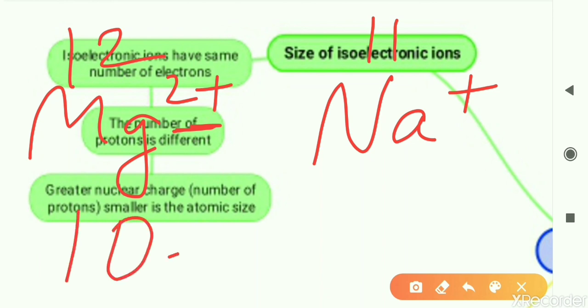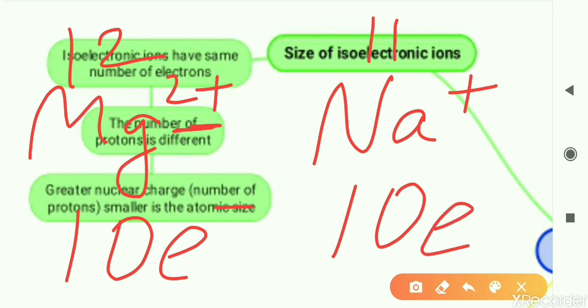So ultimately it will have 10 electrons. Similarly, sodium having 11 electrons, loses 1 electron to form the sodium ion. As a result, it also has 10 electrons. So both Mg2+ as well as Na+ have 10 electrons each. That is why they are called isoelectronic ions.